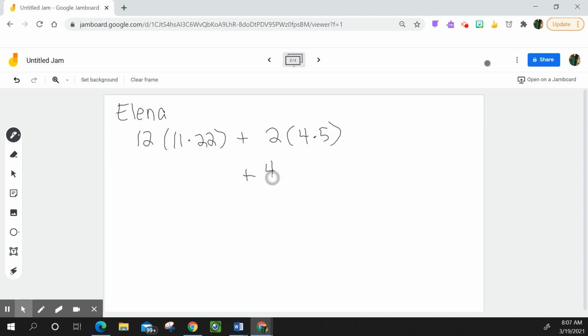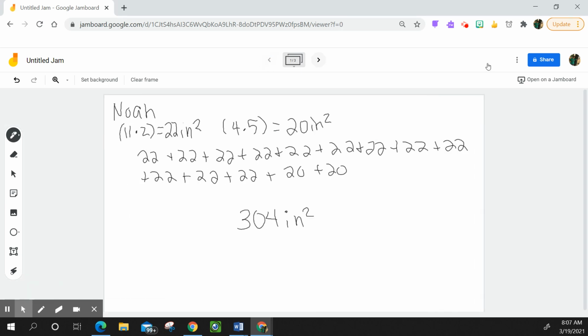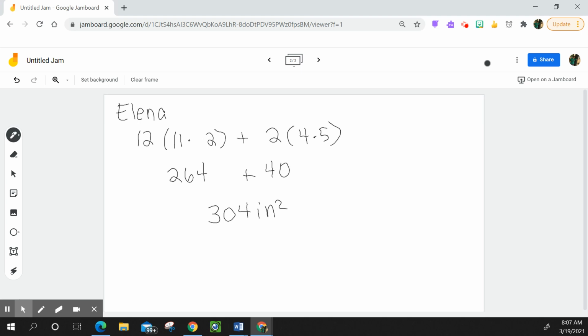This is 40. 11 times 2, 12 times is 264. Not 11 times 22, I'm sorry. It's 11 times 2. So 22 times 12 is 264. And we add those together, we get the exact same thing, 304 inches squared. So you compare those, Elena seems like a lot less work.